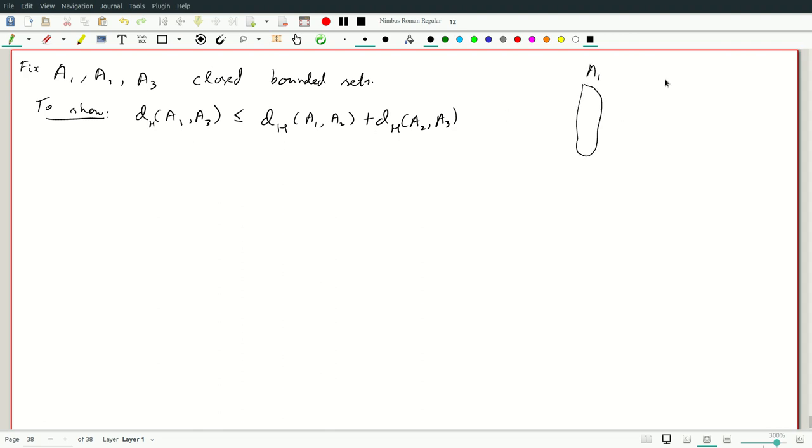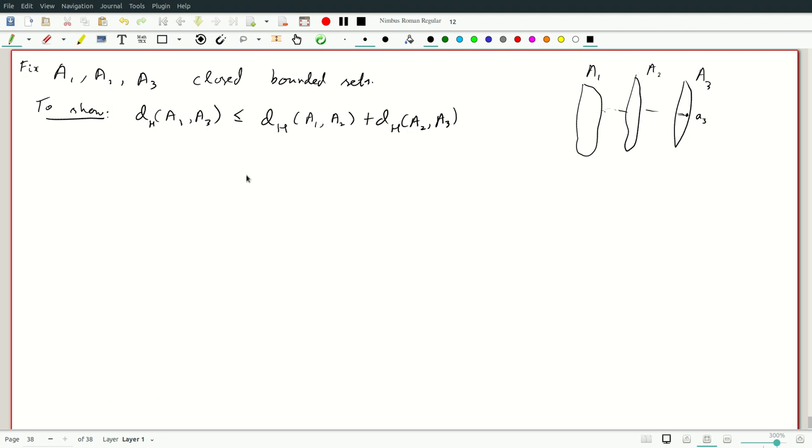I will say it in a picture. So here we have A1, we have A2 and A3. This is kind of the bad case. So it's the distance between point little a3 and the set A1, and the other way. To show the maximum of two quantities is bounded above, we have to show each one of them is bounded above. That is in fact equivalent to showing the maximum is bounded above.